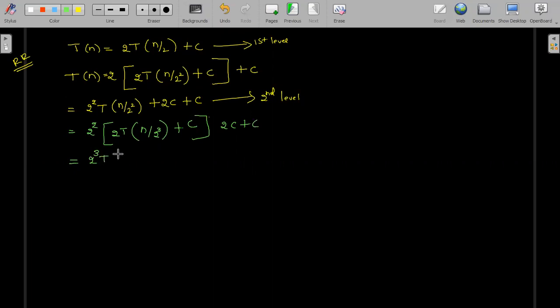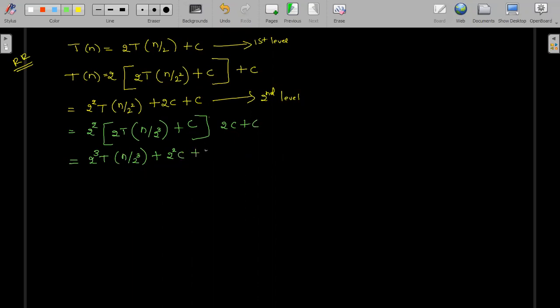T of n by 2 whole cube. Plus c. What kind of c is this? What kind of c, guys? Tell me. 2 square c. Here it is there. 2 square c.